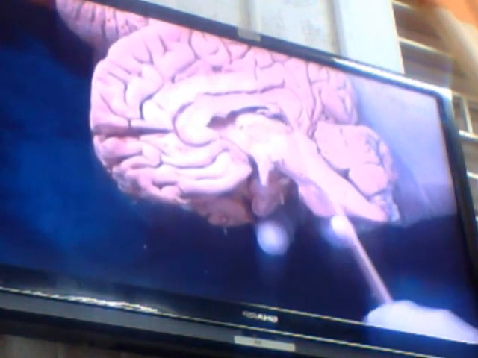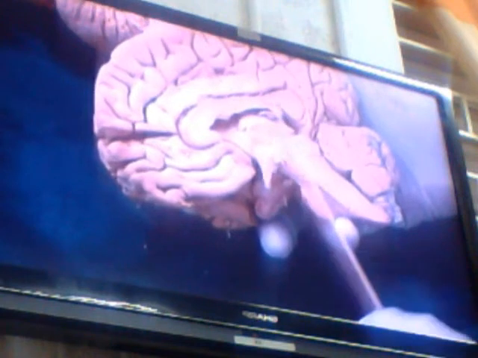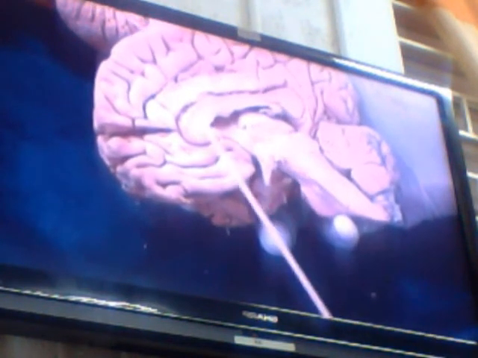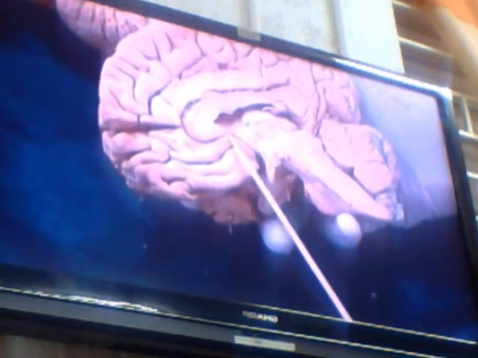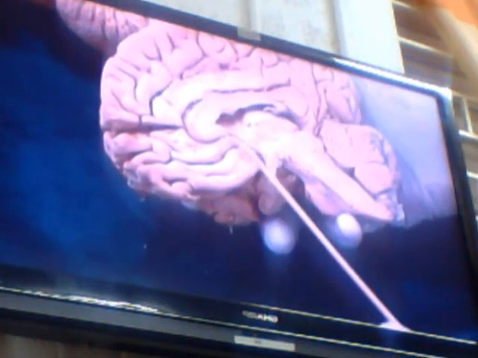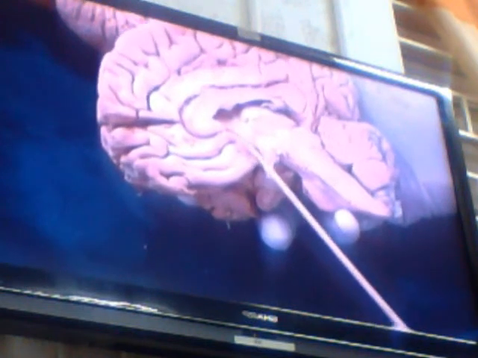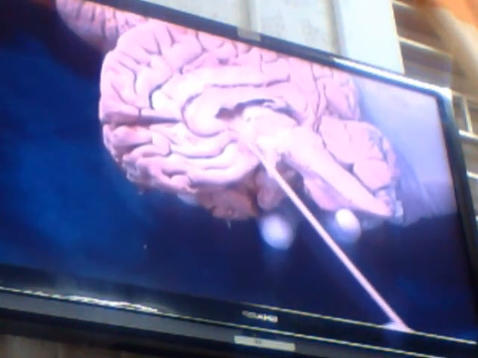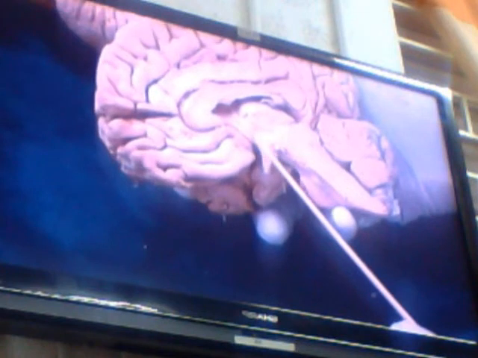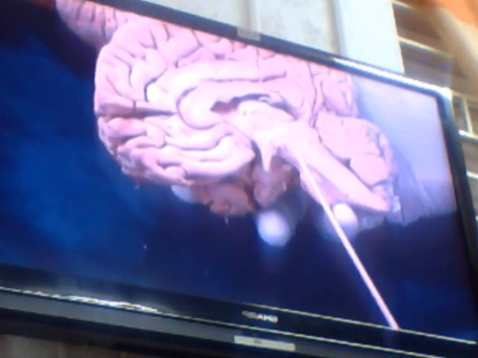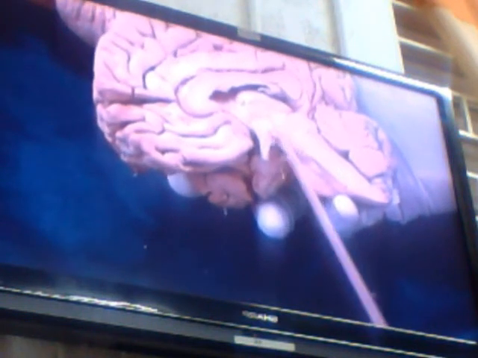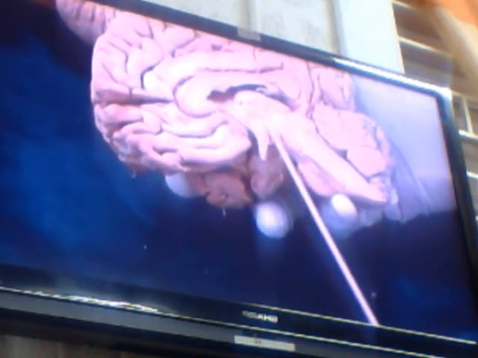Splenium, and then this part is going to be the trunk or body, and this is going to be the genu, and where it comes down rapidly is going to be the rostrum, and then we have the lamina terminalis, and this thing here is the anterior commissure, and this cavity inside here is the third ventricle.